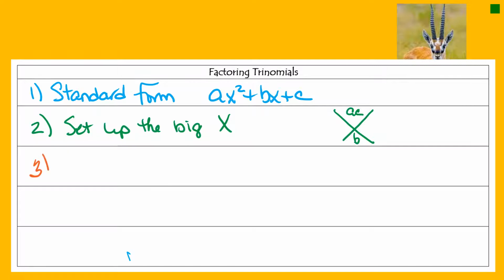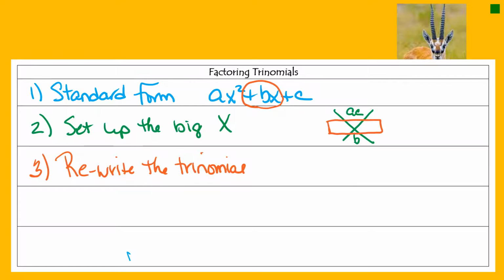That's so weird. Step 3 is rewrite the trinomial. We're going to take this bx and substitute in, let's just call them n and m.